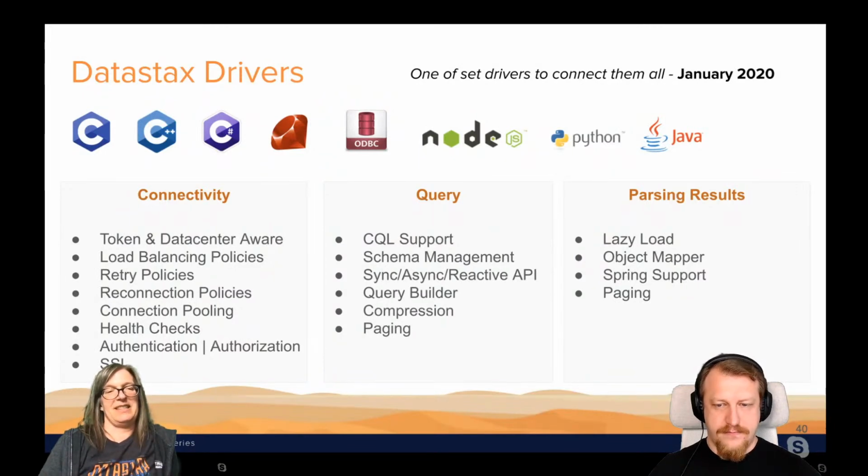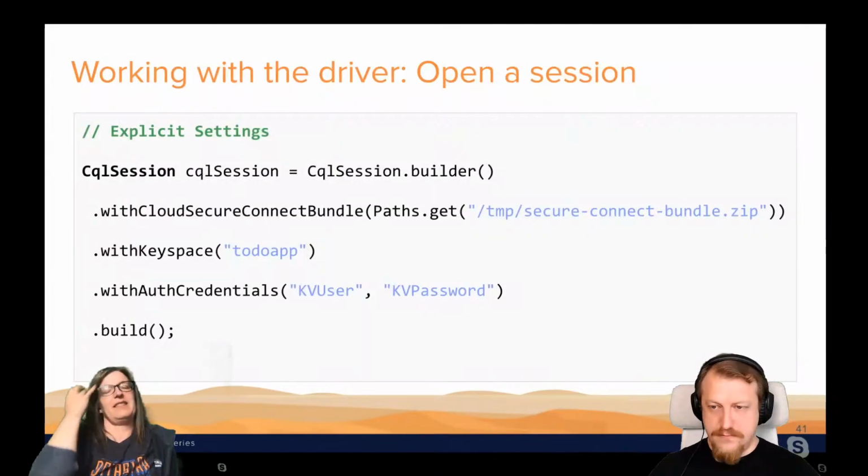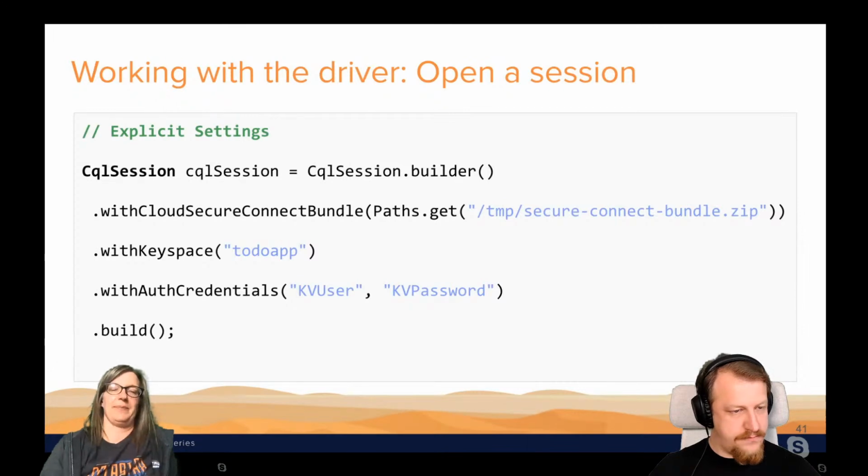But we want to tell you a little bit how you actually work with the driver. The main thing is that you need to establish a CQL session, and the driver gives you this builder here. This is an example of how we would establish a session with Astra, and this is an explicit setting where we set it in the code, and we do that in a moment together.